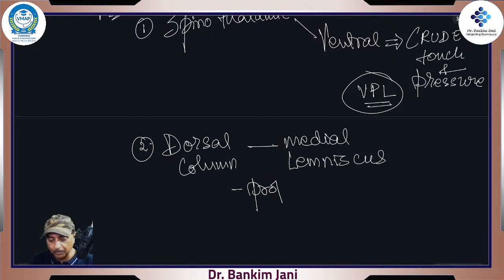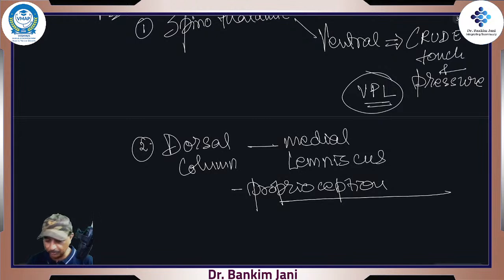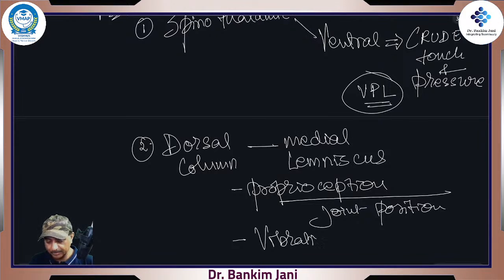The function is proprioception. Proprioception is that even if you close your eyes, you know exactly what your body position is. It is the sense of joint position. This is one. And second, the sense of vibration. Vibration sense is by this particular pathway.